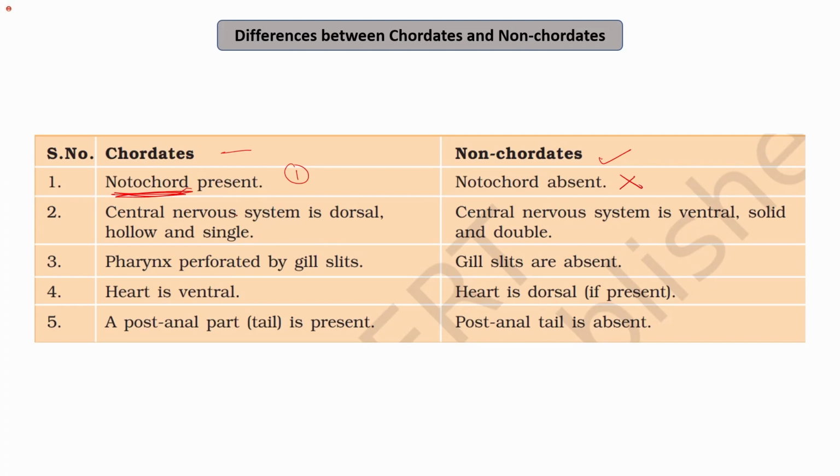Then we have the central nervous system, which is dorsal. It is hollow because it is developed from the dorsal hollow nerve cord, and it is single.